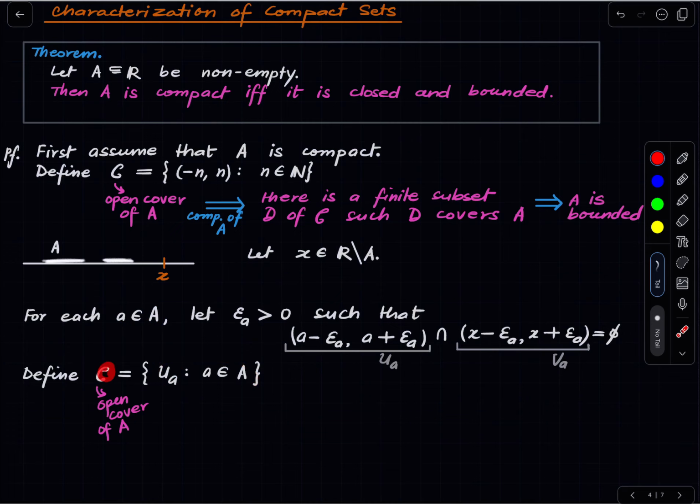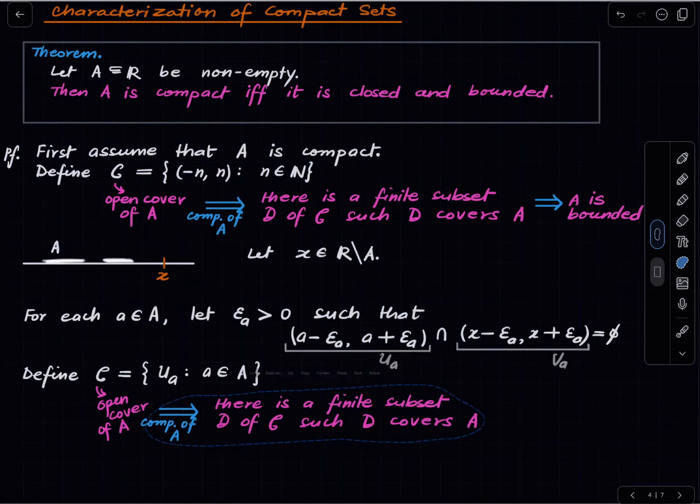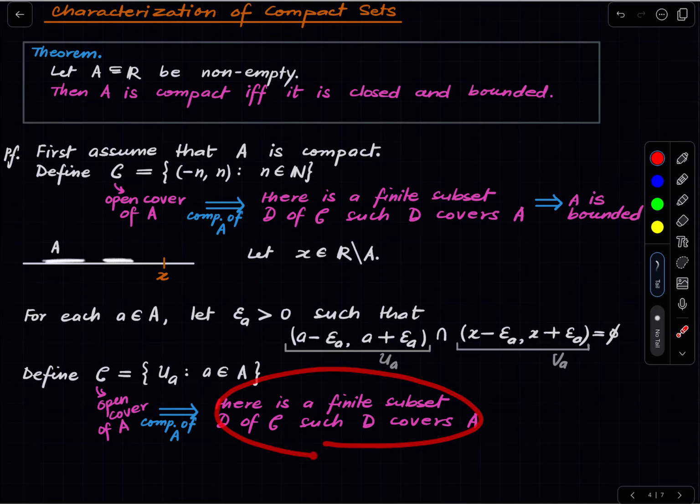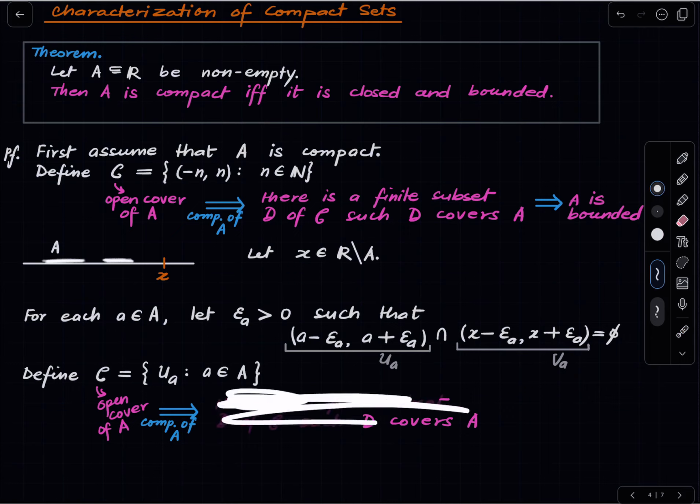So this is an open cover of A, and again by compactness we get that there is a finite subcover of this, same thing as previous. So there is some finite subset D of C such that D covers A, but I would like to write it a little differently. Let me erase it and write it so that I don't have to turn over a page.